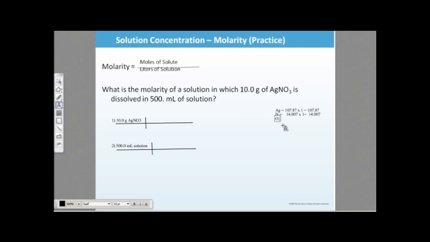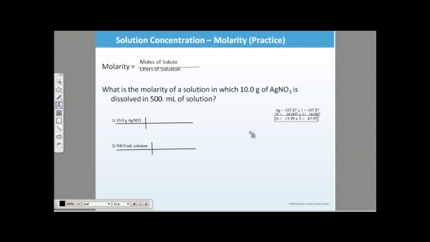For oxygen, we have 15.99. There are 3 in the formula, right? When we look up here, AgNO3. So we have to multiply that one by 3. And that gives us 47.97.